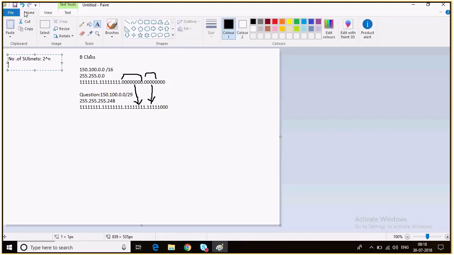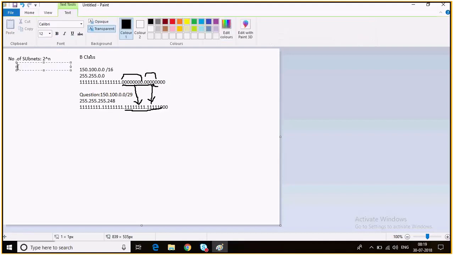I'll just draw it here again. These are the bits that I'm talking about. So how many ones do we have? We have 8 plus 5, which is 13, right?